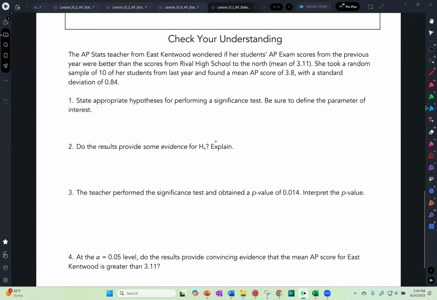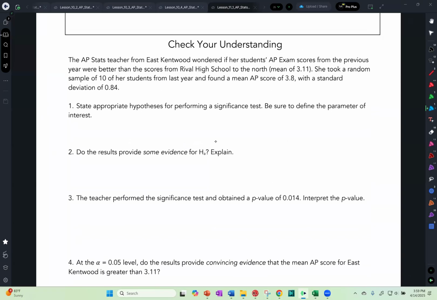The AP stats teacher from East Kentwood wondered if her students' AP exam scores from the previous year were better than the scores from Rival High School to the north. She took a random sample of 10 of her students from last year and found a mean AP score of 3.8 with a standard deviation of 0.84. State appropriate hypotheses for performing a significance test. So my null hypothesis is that East Kentwood has a mean score of 3.11, but we want to know if it's better, or if they did better.